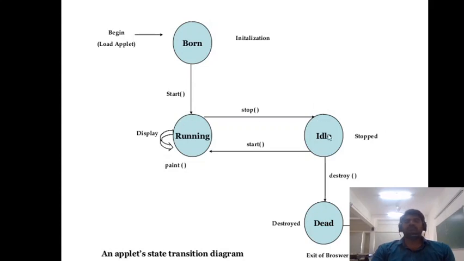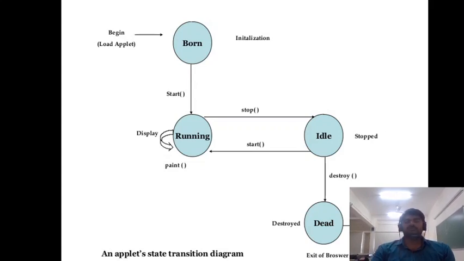Now the applet is in the idle state. It means that it stopped its execution. Idle means it is not doing anything. Suppose again you call the start method on the applet that is in the idle state, it starts executing its program again. It will come from the idle state back to the running state.